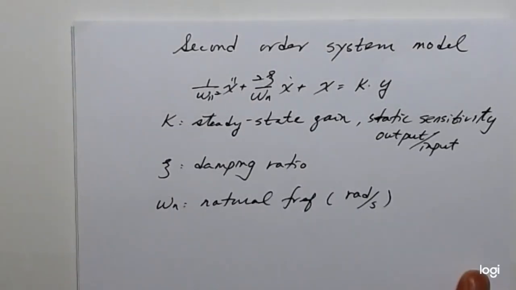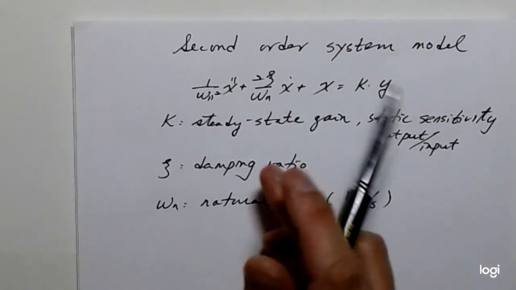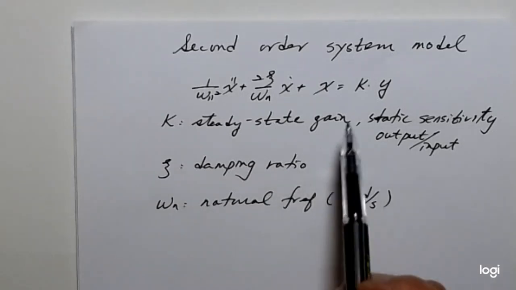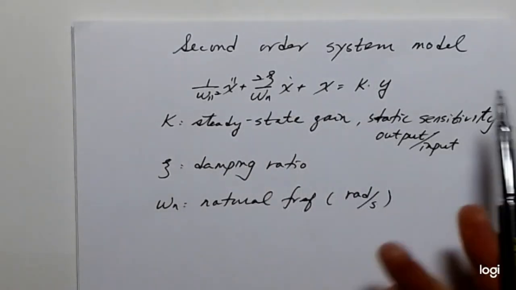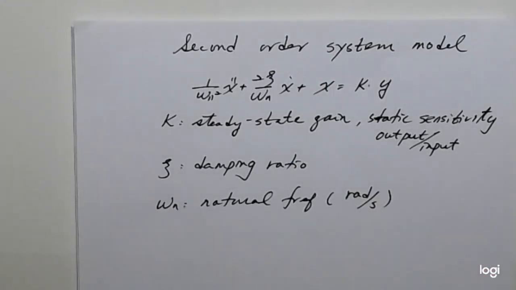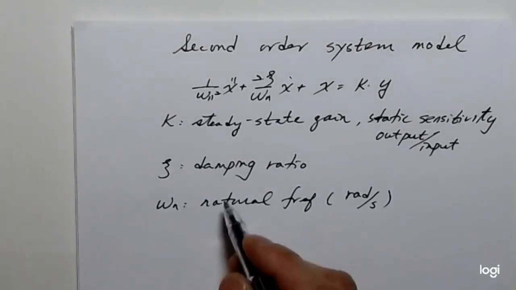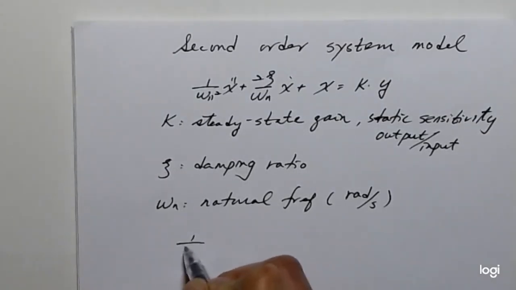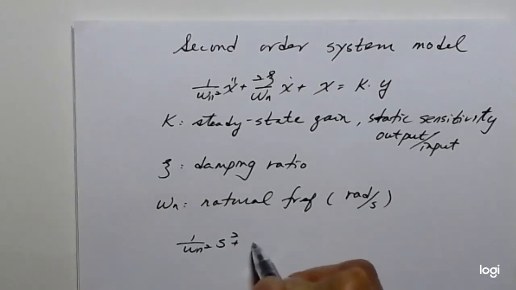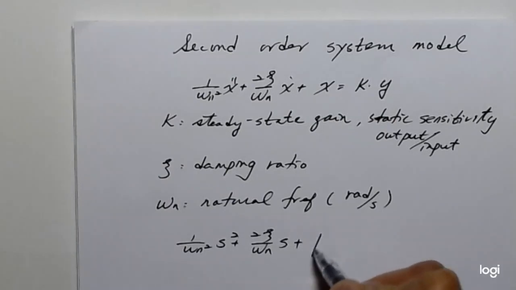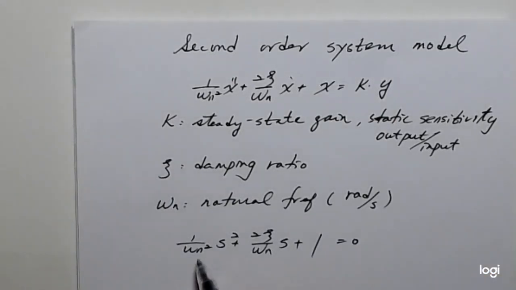When we deal with a second order system, we always look at the characteristic equation first. Either using the Laplace transform method or the classic undetermined coefficient method, you can get to the characteristic equation, which is s squared plus 2 zeta omega n s plus omega n squared, or sometimes people use this one.